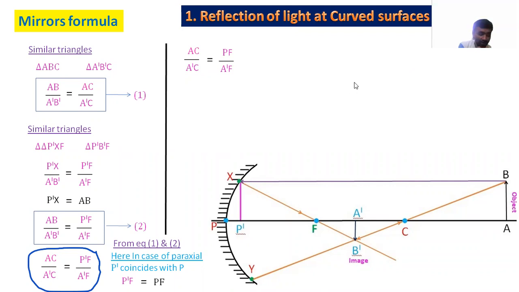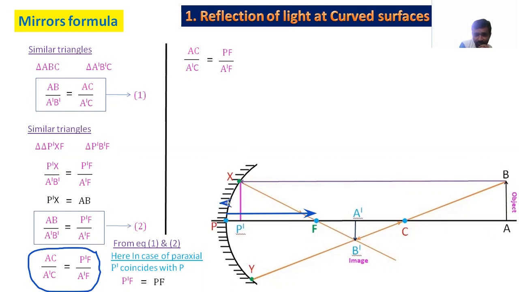Then what happens from this equation? Okay, let me check your understanding level. The length we are measuring from P to F, we have a definition for it: focal length. Very good.